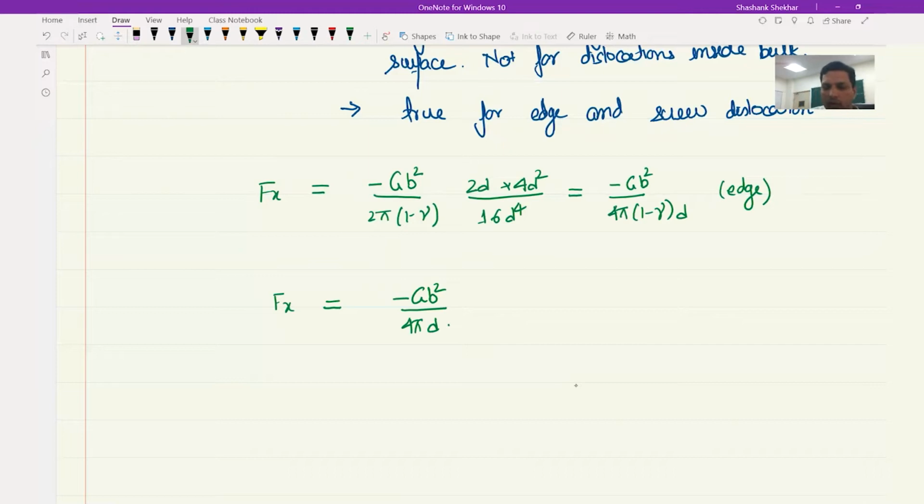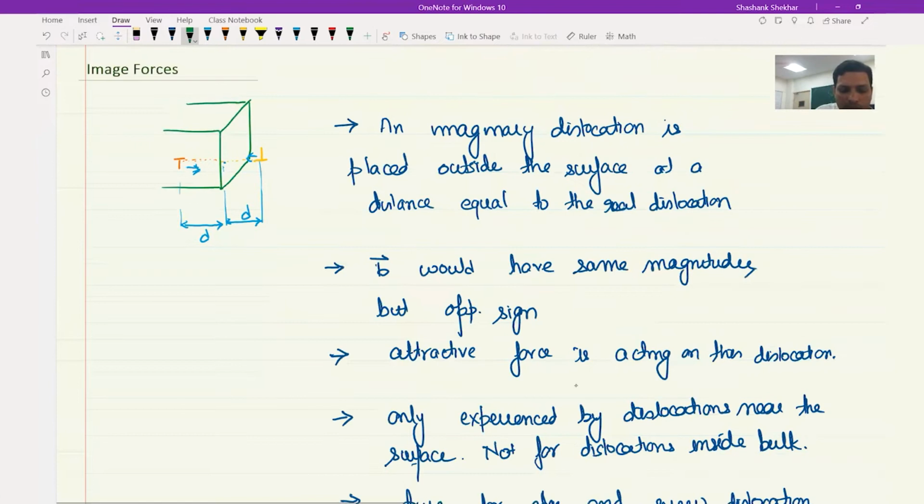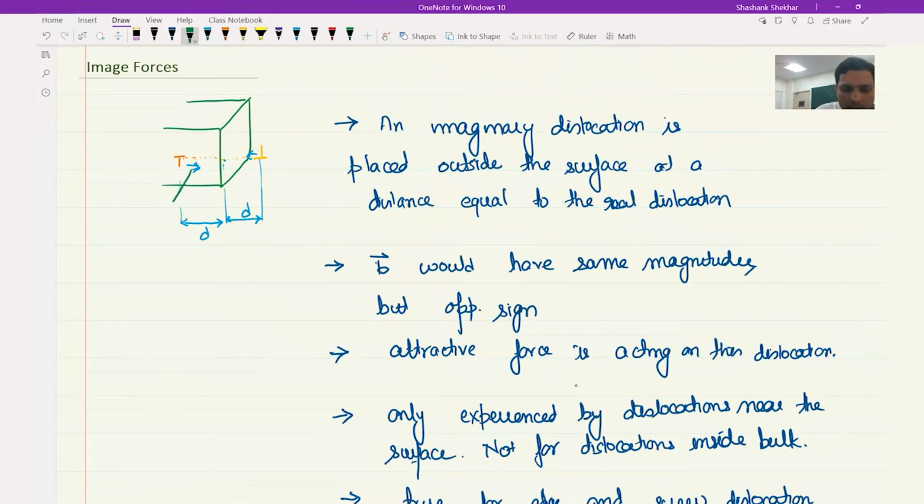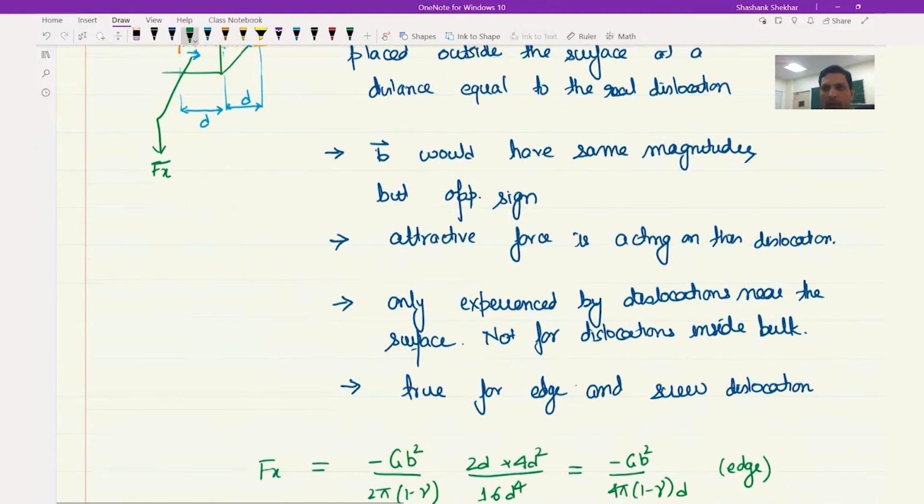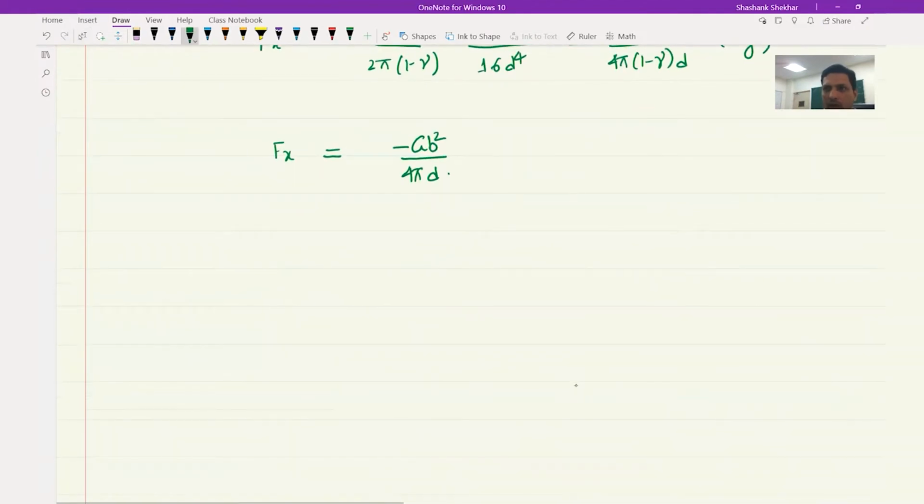So for an edge dislocation, this much force is acting on the dislocation over here, which is trying to pull it out, trying to make the dislocation move towards the surface. And for a screw dislocation, this is the force that is acting on the dislocation.